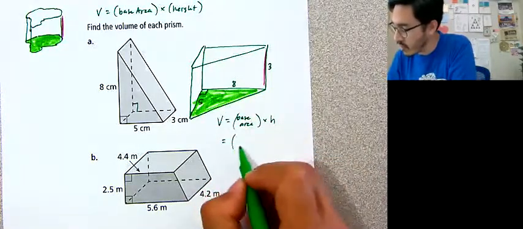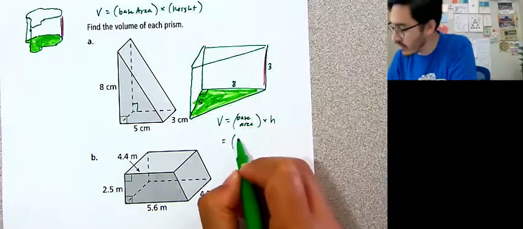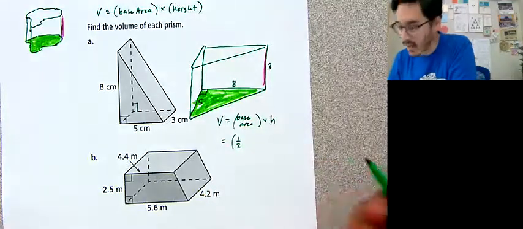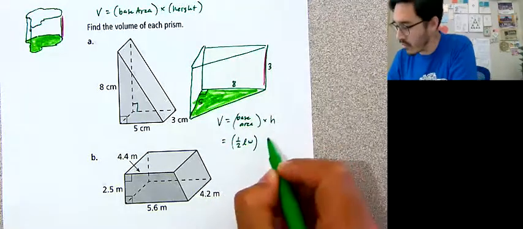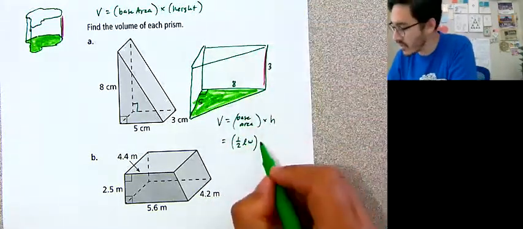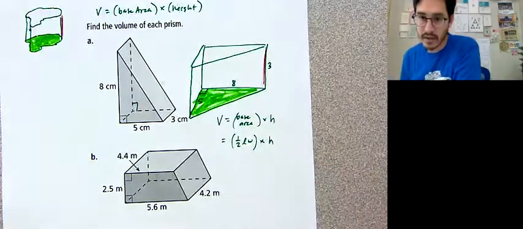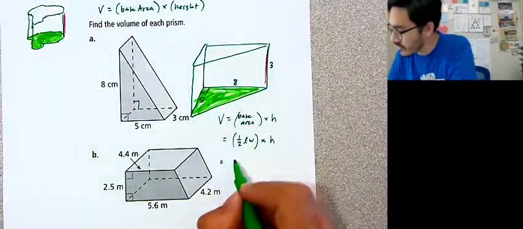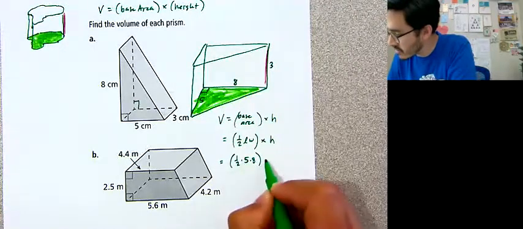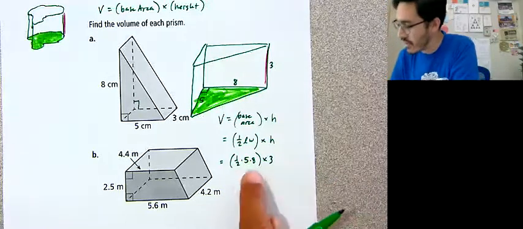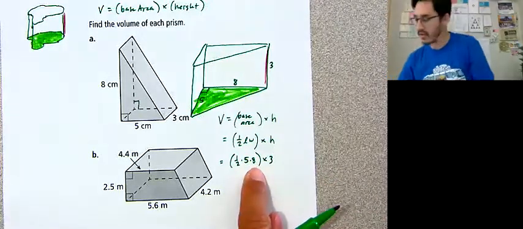Now for a triangle, the area is 1/2 base times height, but I'm going to do length times width just to not confuse it with the vertical height of our object. And then we'll times it by the vertical height. All right, so that's going to be 1/2 times 5 times 8 times 3, right? The length and width are 5 and 8.